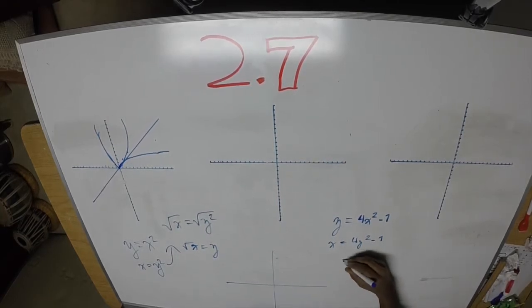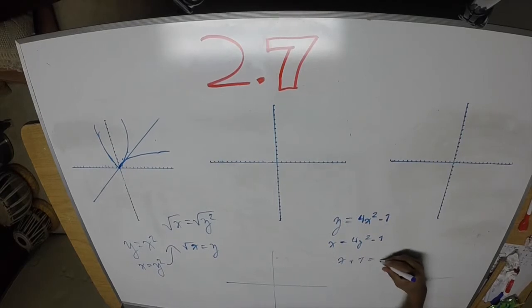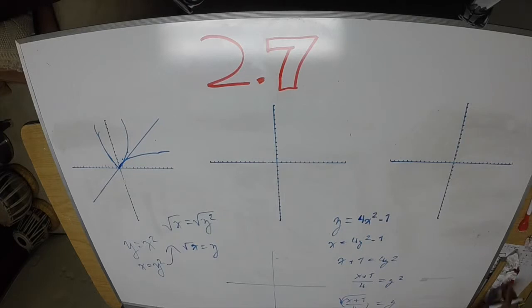So now solving for that, that becomes x plus 1 equals 4y squared. x plus 1 over 4 equals y squared. Root of x plus 1 over 4 equals y. So y equals root of x plus 1 over 4. I actually have no idea how to draw that, so I'm going to come up with a simpler function.